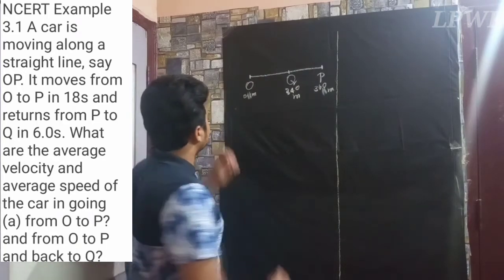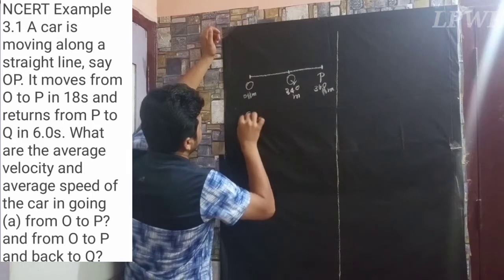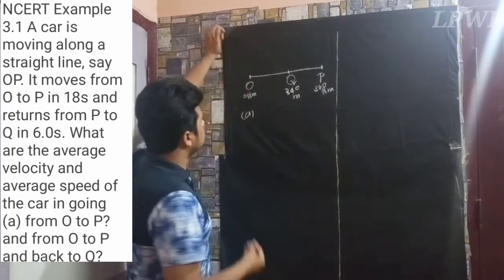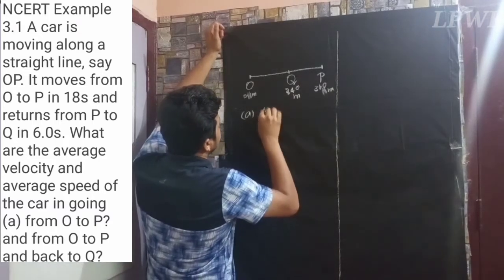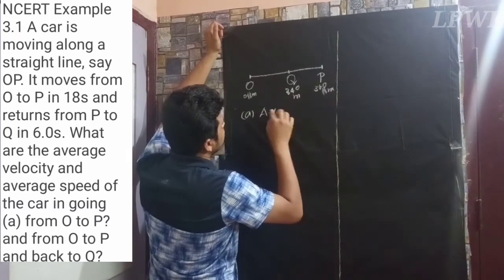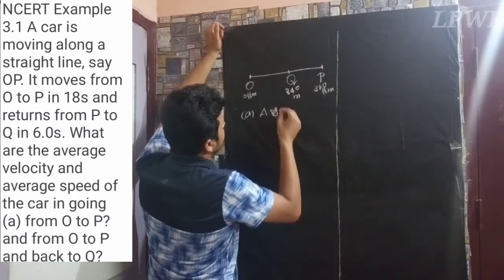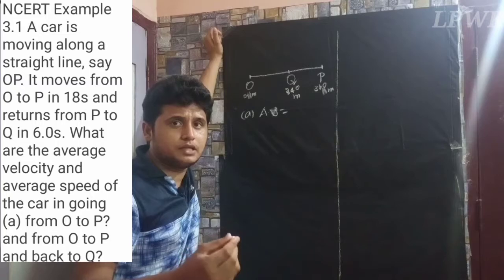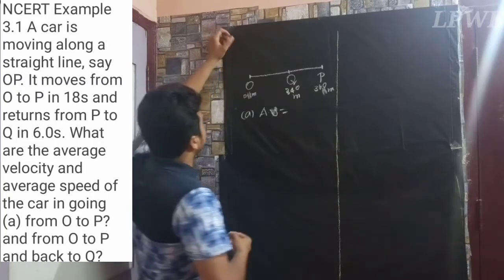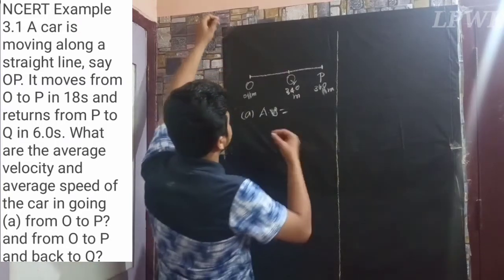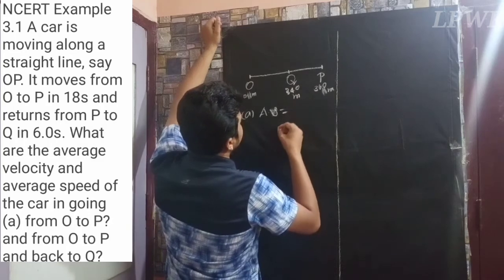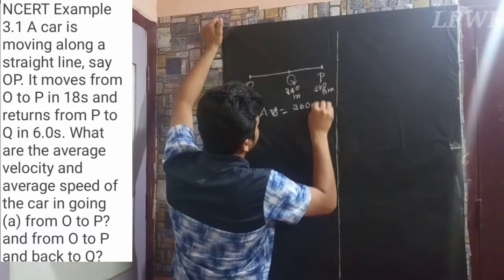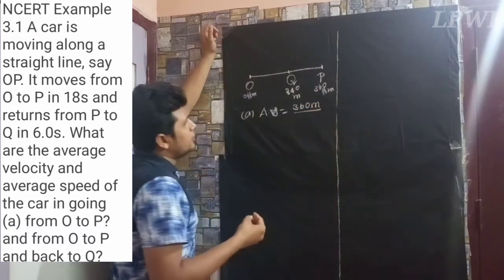Okay. In option A, first of all we can find the average speed. Average speed is equal to total path length by total time interval. Okay. So OP by 360 meter by, in how many seconds?